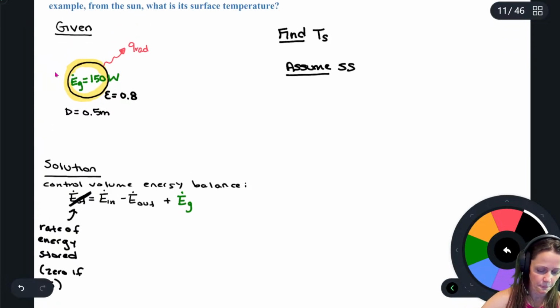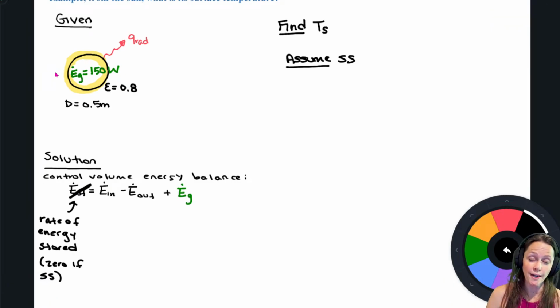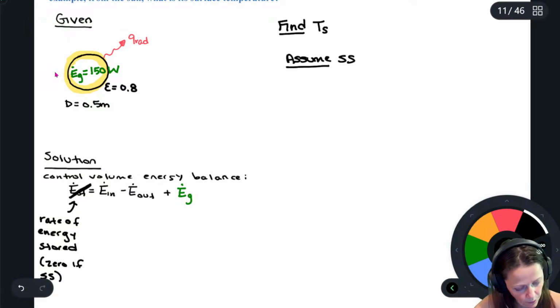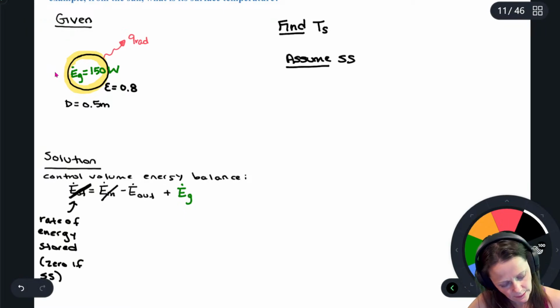All right, and then I look at the diagram that I've drawn, and I only have one arrow going out of this thing. There's not anything coming in, it's all going out. So I'm going to get rid of this guy as well, right? So clearly my E dot out is equal to that E dot G.